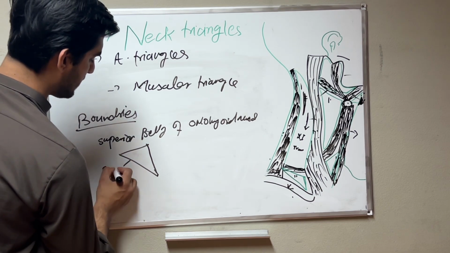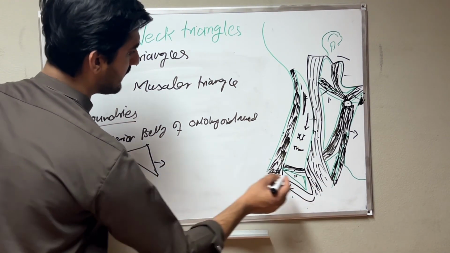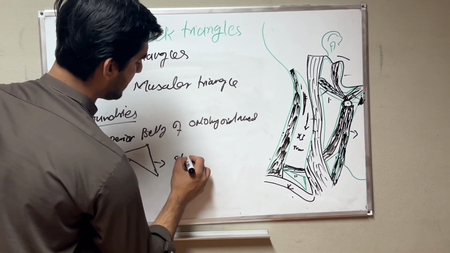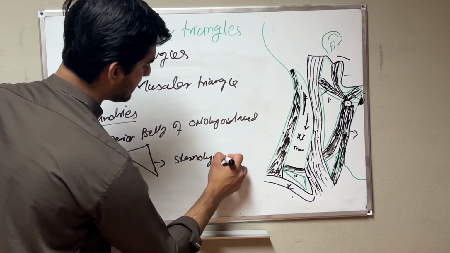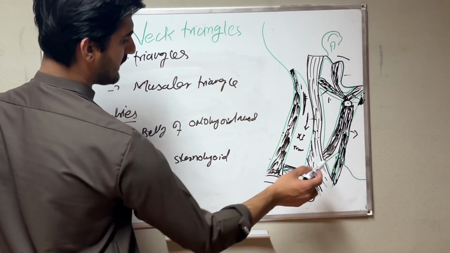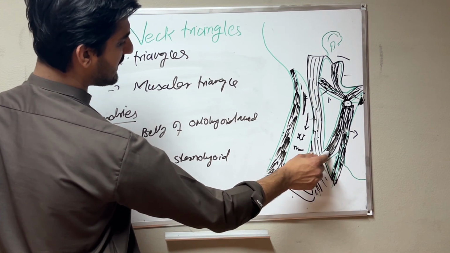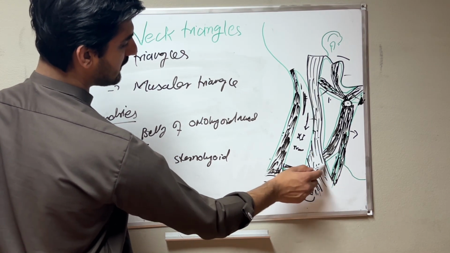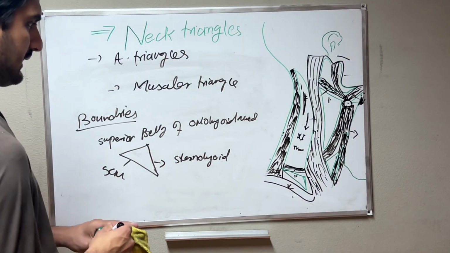Here we have the sternocleidomastoid muscle, and here we have the sternohyoid muscle, because this is an infrahyoid muscle. So the boundaries are the sternohyoid muscle, the superior belly of the omohyoid muscle, and the sternocleidomastoid muscle. These are the boundaries of the muscular triangle.